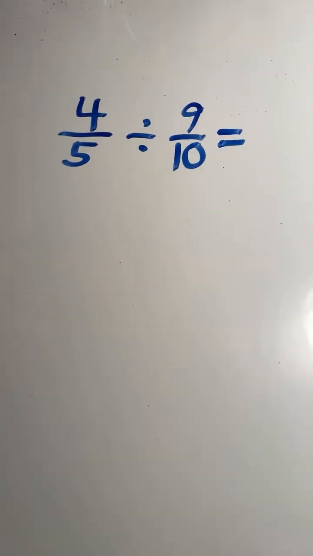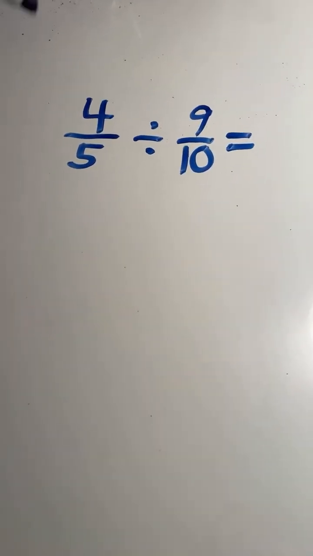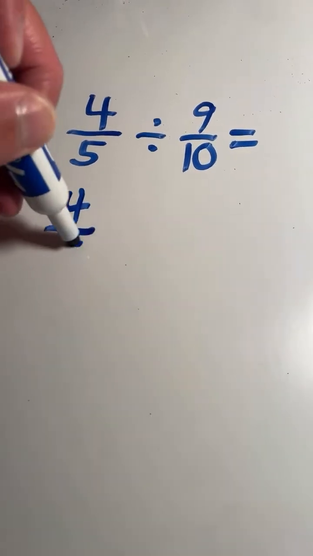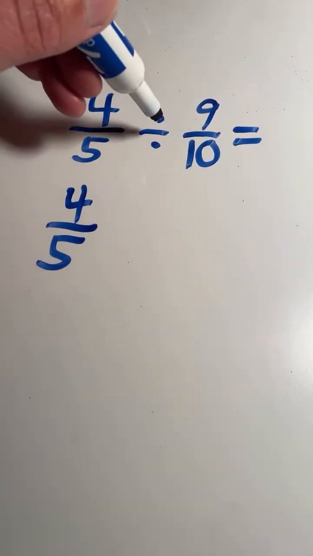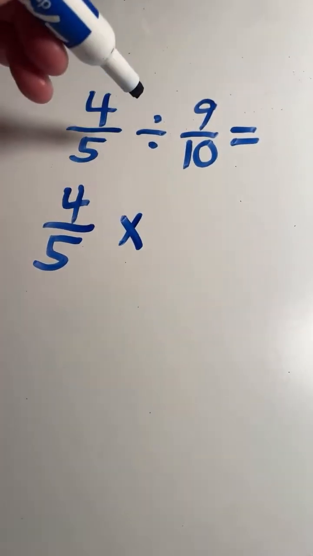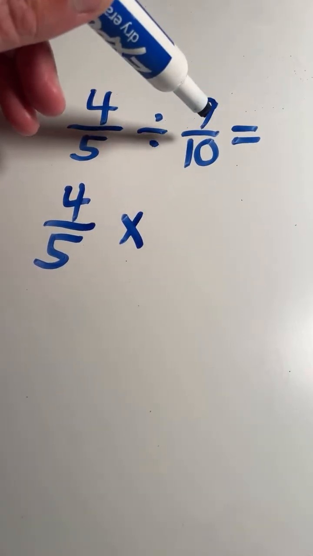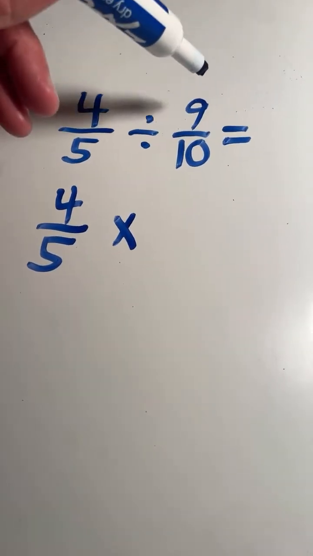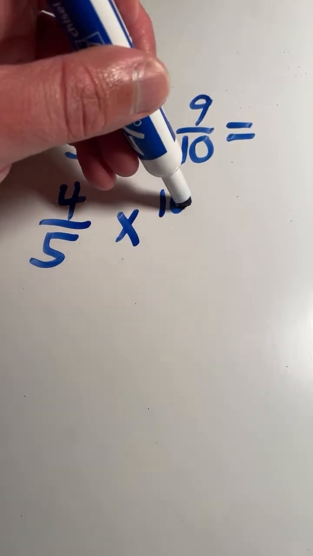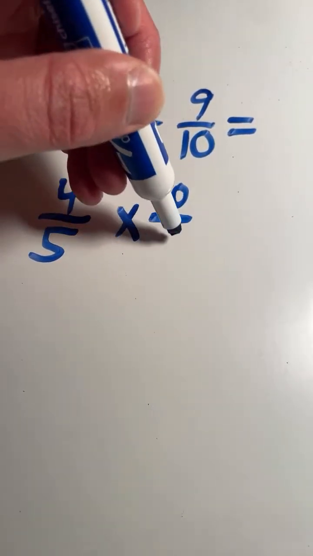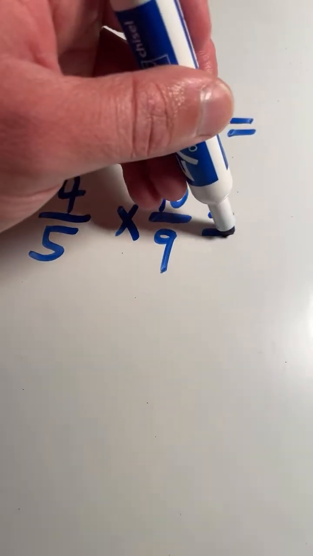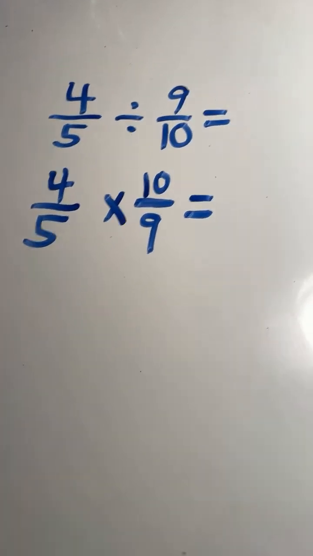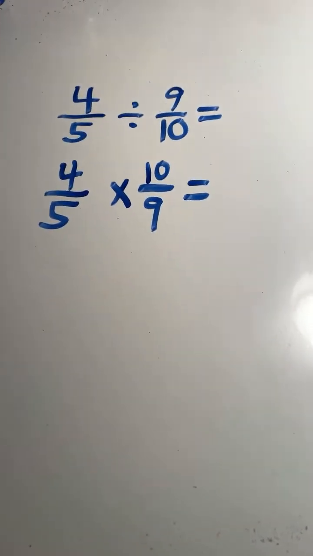All right, 4/5 divided by 9/10. So step 1 we keep. 4/5 stays the same. Next we change our division sign to a multiplication sign. Next we flip our second fraction. It's keep, change, flip. So the 10 becomes the numerator, the 9 becomes the denominator. And now we are ready to multiply.